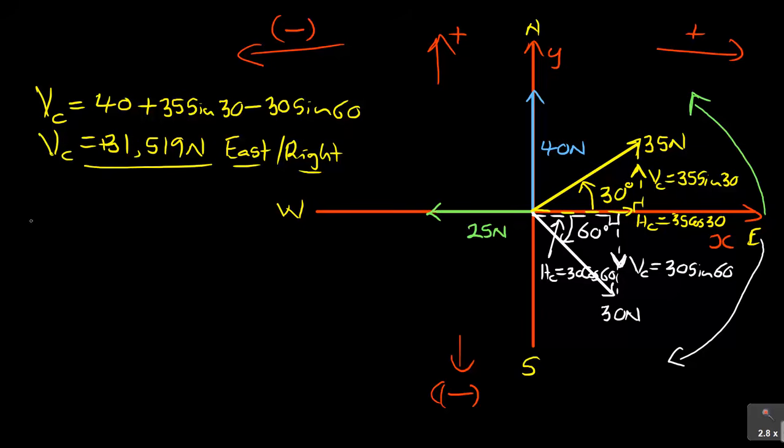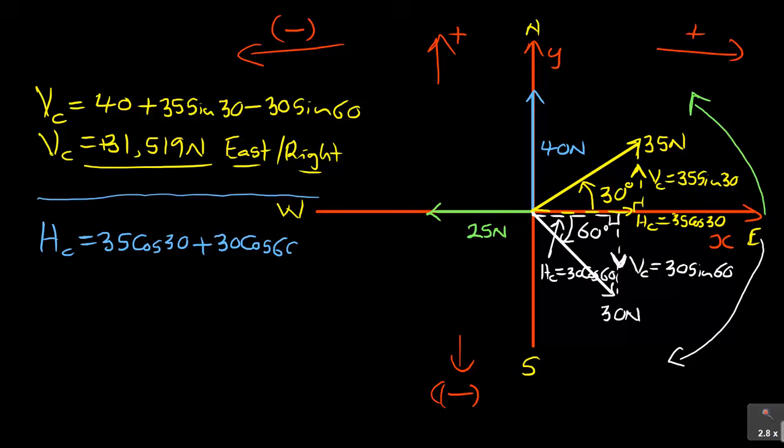Now let us look at the horizontal component. For the horizontal component, you look at all the horizontal components. Remember, the right hand side is positive, so we have 35 cos 30, which is facing the right hand side. We also have 30 cos 60, which is 25, but it is facing the opposite side, so it will be minus 25.